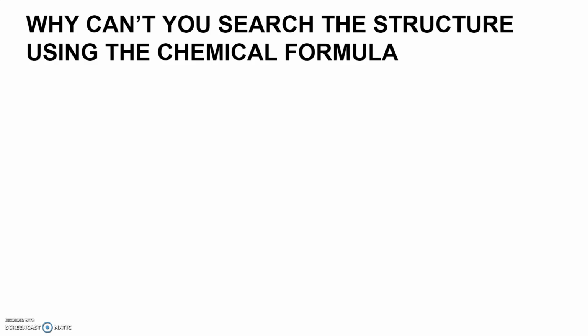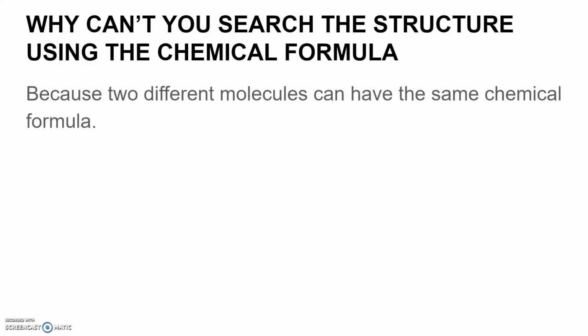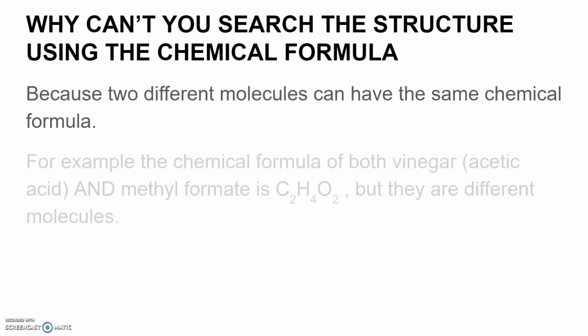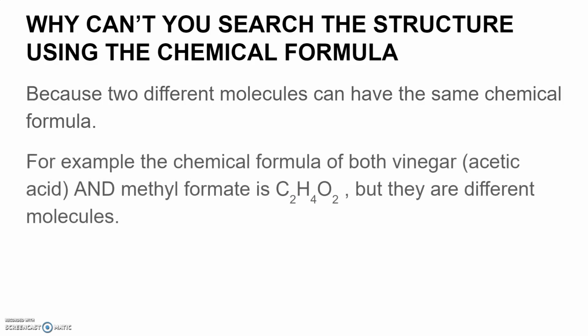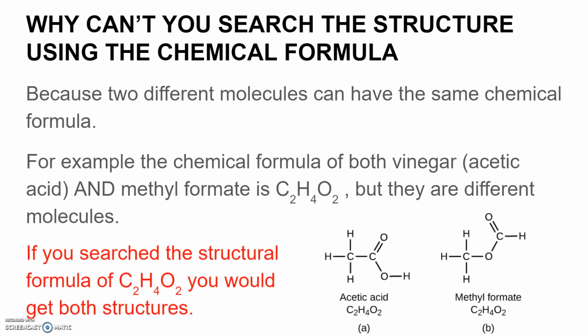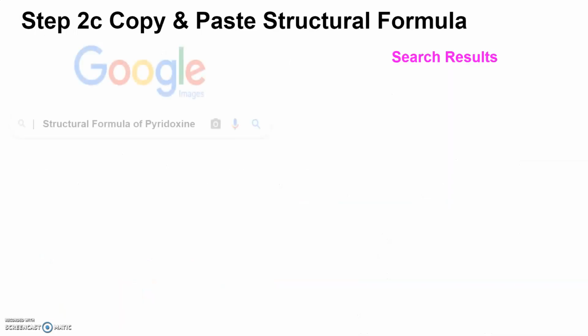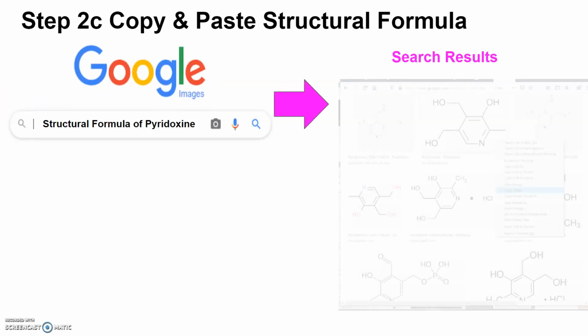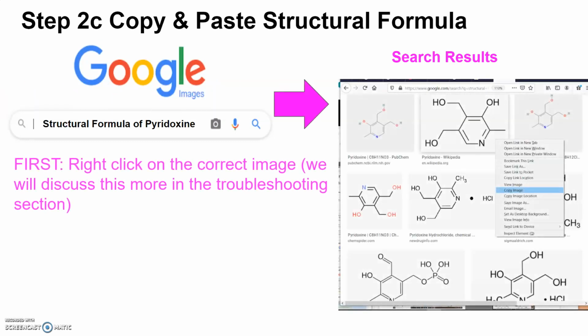Now, the reason why we can't use the chemical formula is because two different molecules can have the same chemical formula, right? Like C2H4O2 applies to acetic acid and methyl formate, but they're different molecules. So if you searched up the chemical formula C2H4O2, you would get both structures and you'd have to figure out which one to use. So when I do that for pyridoxine, these are my search results.